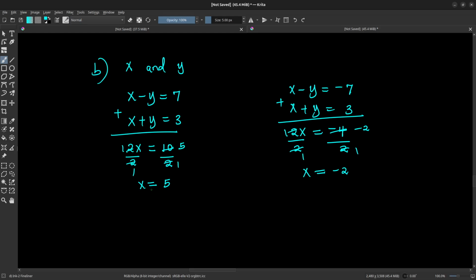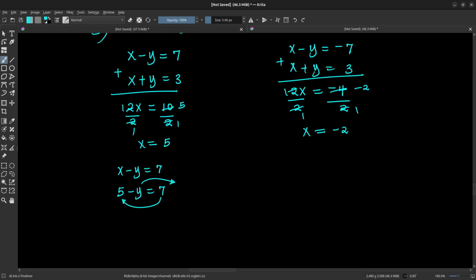Now, let's go back to the first scenario. After getting x is equals to 5, we are going to pick the first equation, x minus y is equals to 7. We just found out that the value of x is 5. So 5 minus y is equals to 7. So we take y to this side and we take 7 to the left side.